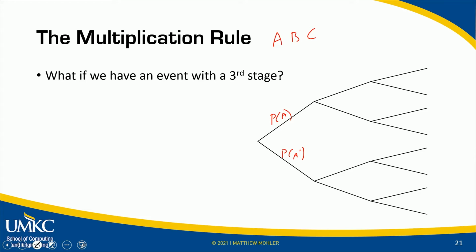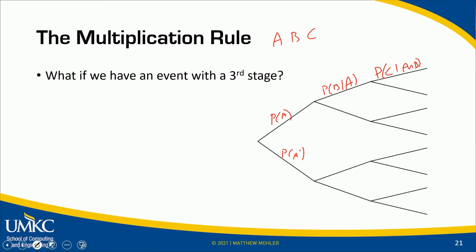Then we'll have a probability of B given that A has occurred. And then we'll have a probability eventually of C given that both A and B have occurred.